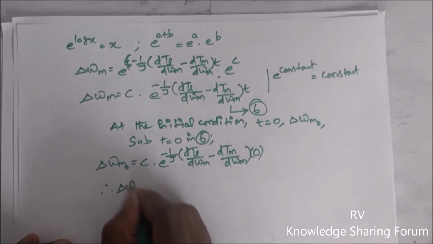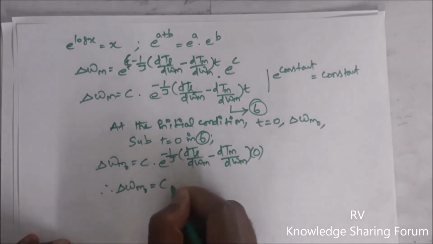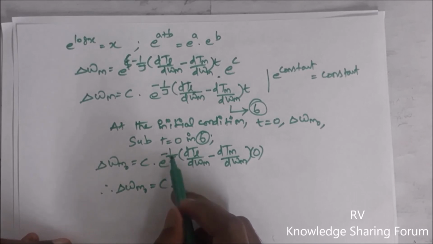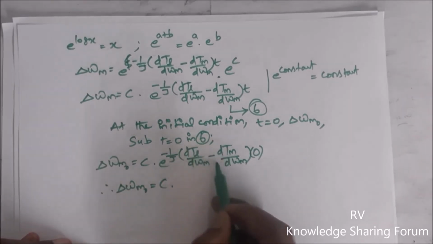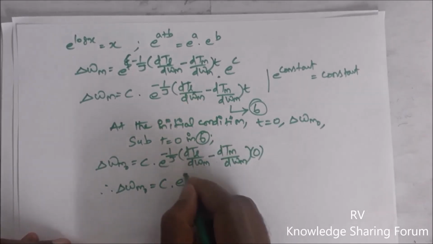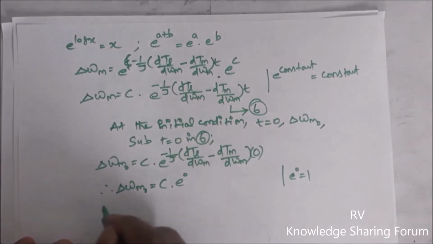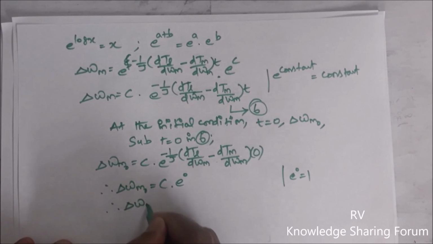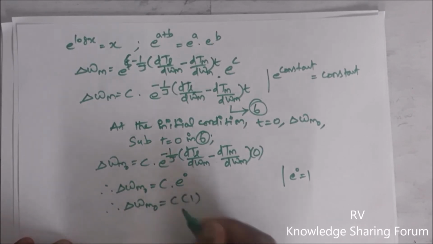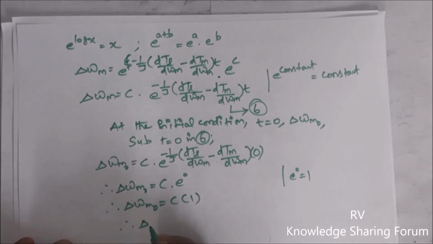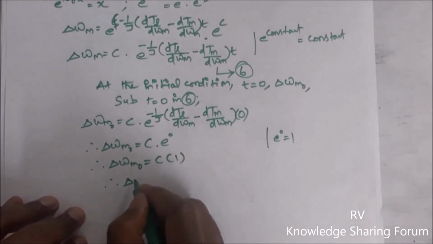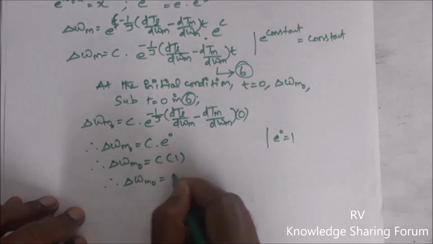Therefore your delta omega m naught is equal to c into e to the power of minus 1 by j into this term into 0, which becomes 0. We know that e to the power of 0 is equal to 1. Therefore delta omega m naught is equal to c into 1, so the value of delta omega m naught is equal to c.